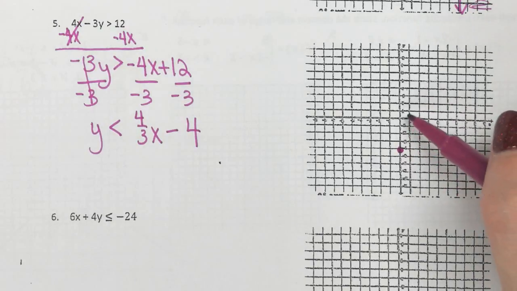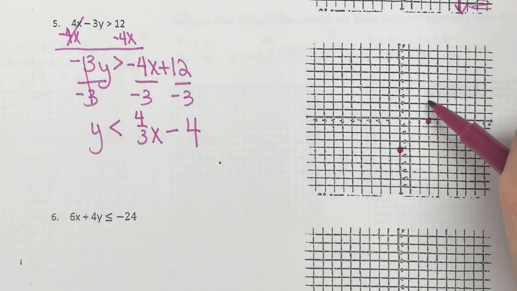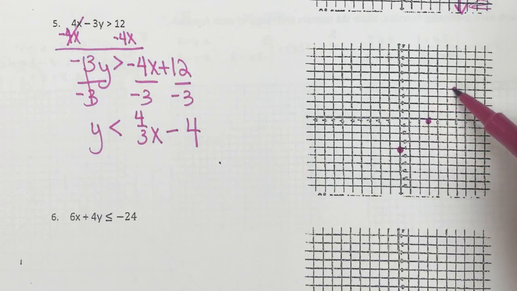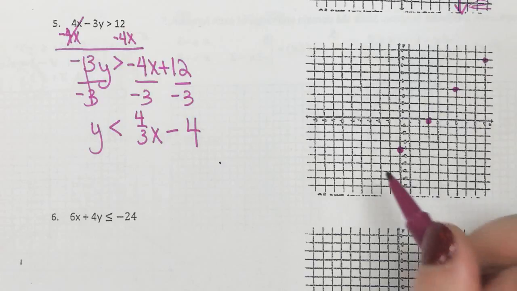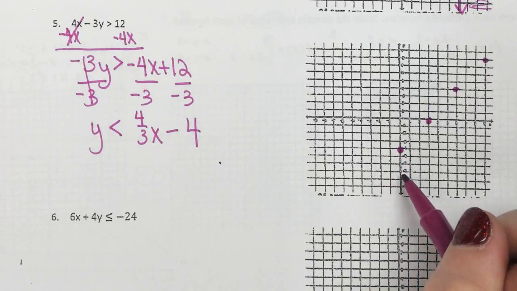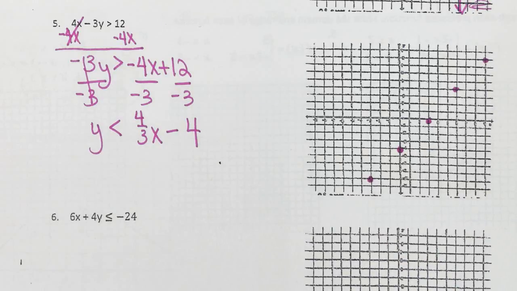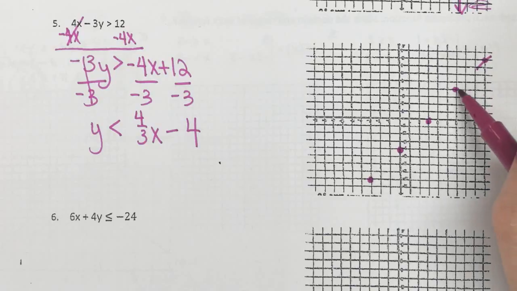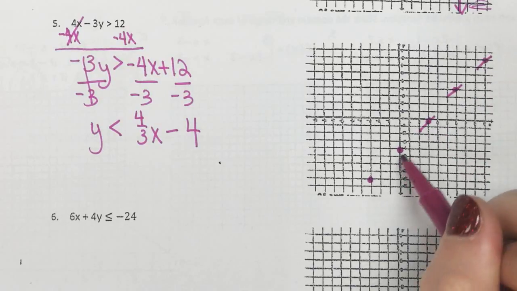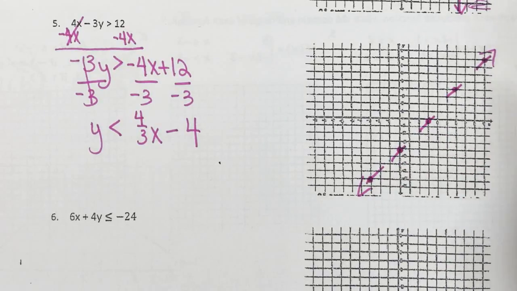And then we're going to go up 4 and right 3, or we could go down 4 as long as we go left 3. All right, open line or closed line? Closed. No, I'm sorry, it's open. I was writing an open line.